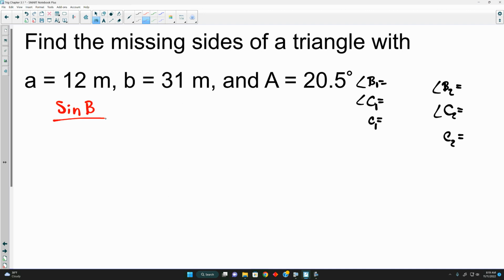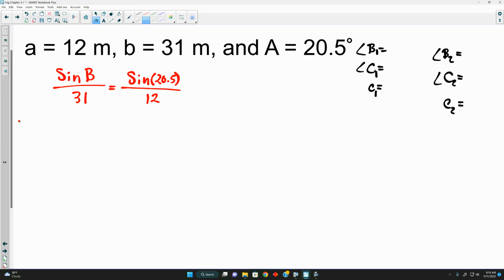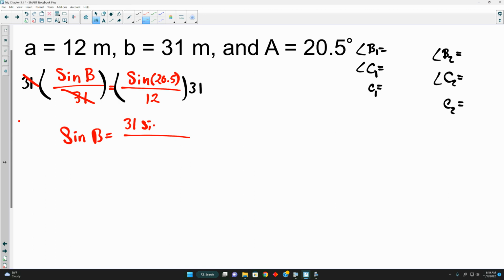So we'll have sine of B over 31 is equal to sine of 20.5 over 12. Same setup. Now we're going to multiply both sides by 31. These will cancel, telling us sine of B is equal to 31 sine of 20.5 over 12.